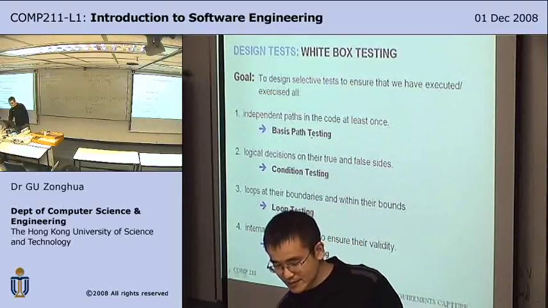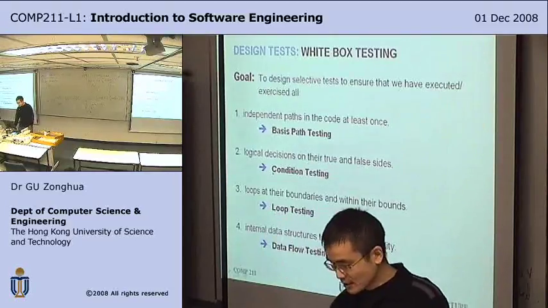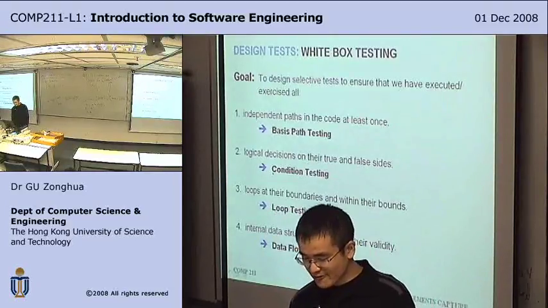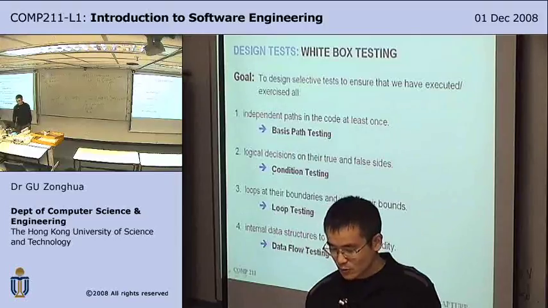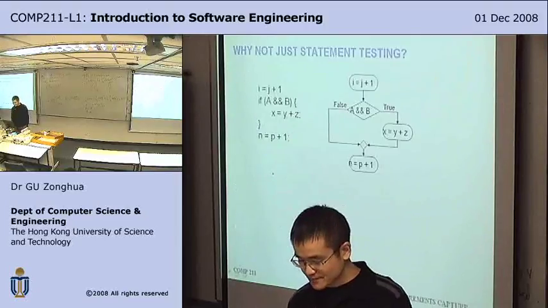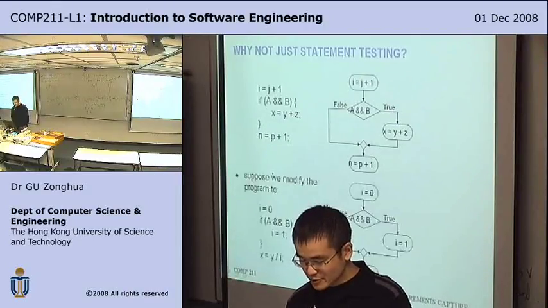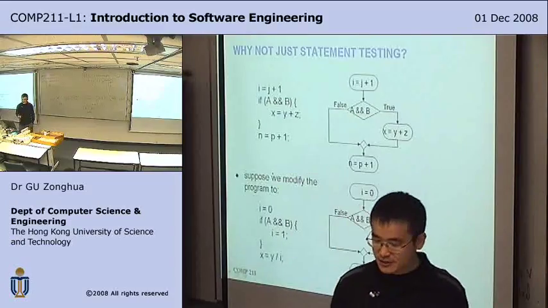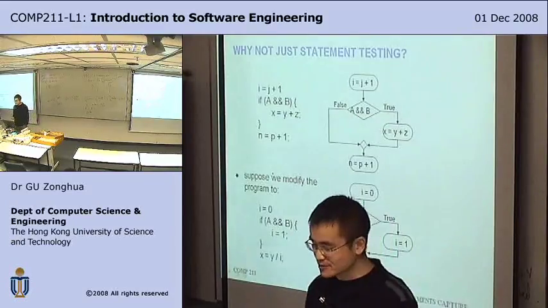So independent paths testing, logical decision and condition testing, loop testing, and data flow testing. These are the 4 white box testing techniques we discussed. We discussed why we need to cover different paths, not just different statements.